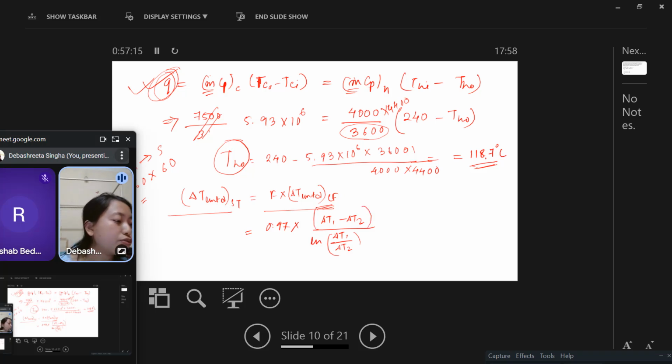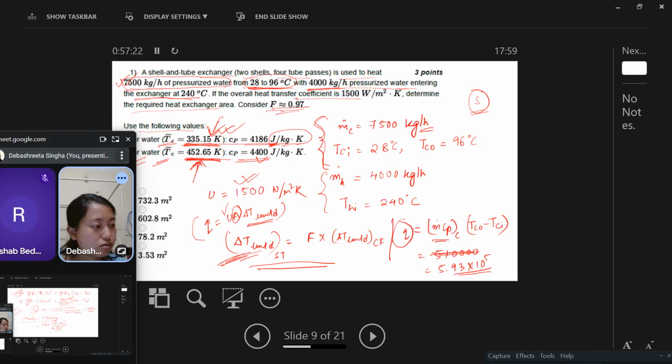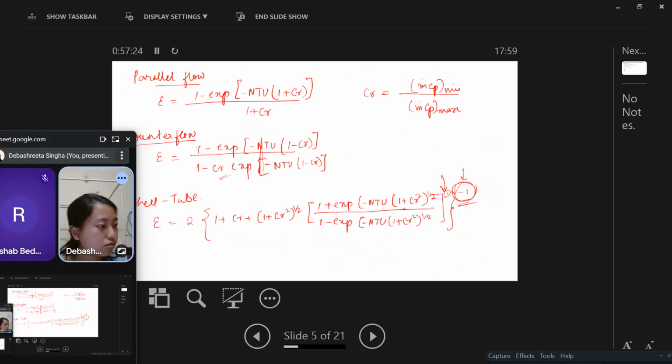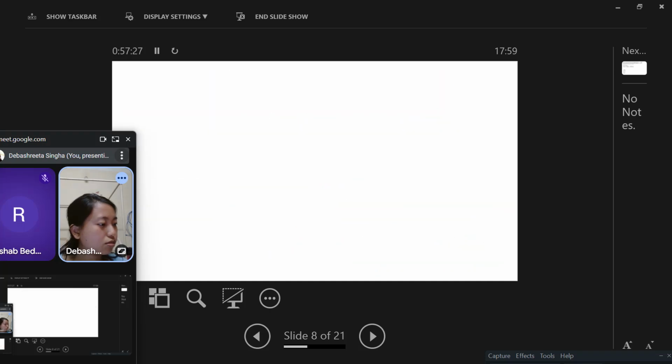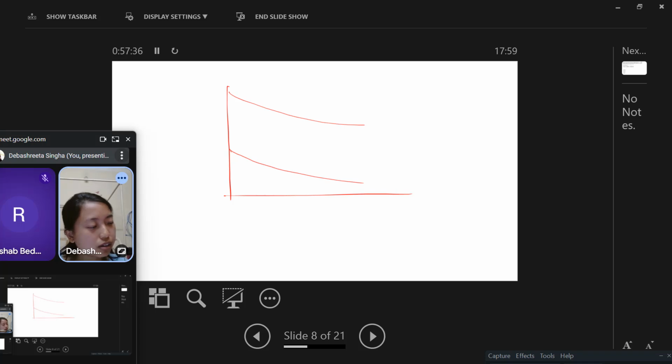So for counterflow, if I draw it, it is not always exactly parallel. It can be like this also. Anyway, this is THI, this is TH naught, this is TCI, this is TC naught.